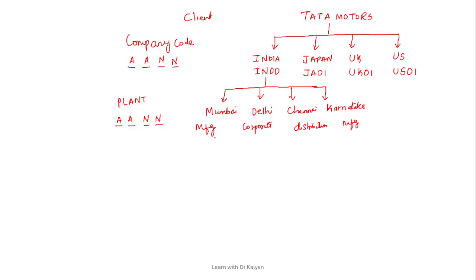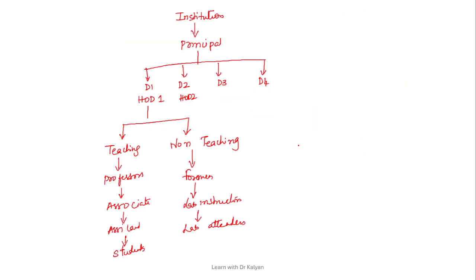For example, the manufacturing plant in Mumbai is represented by MB00, the Delhi corporate office by DL01, the Chennai distribution center by CH02, and the Karnataka manufacturing plant by KA03. So this is the way of representing plants in our SAP software. I hope you understood about plant.